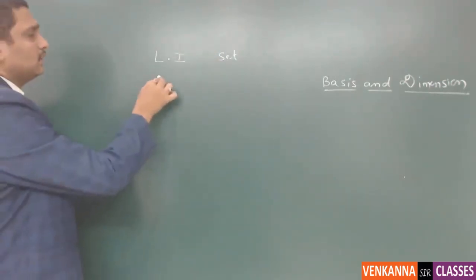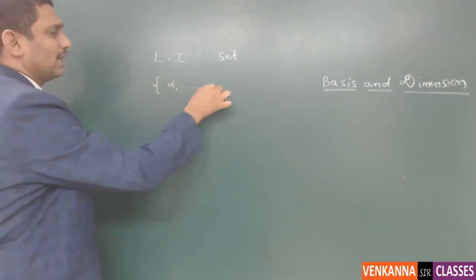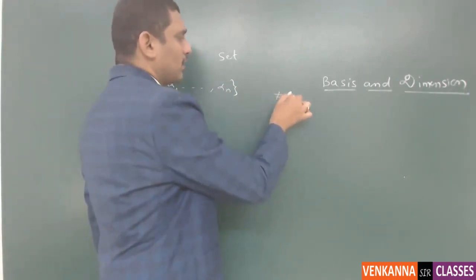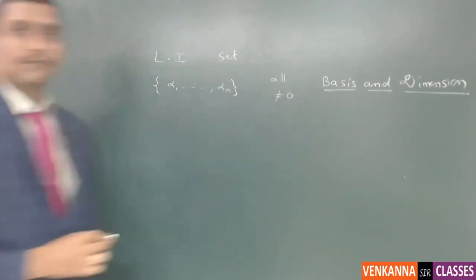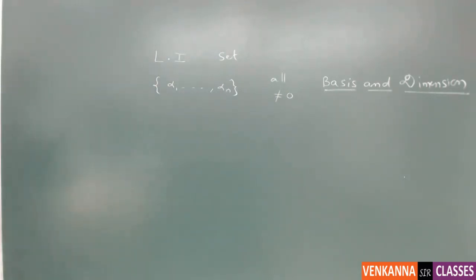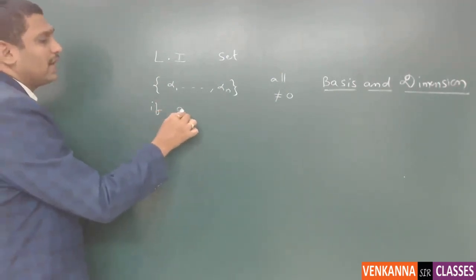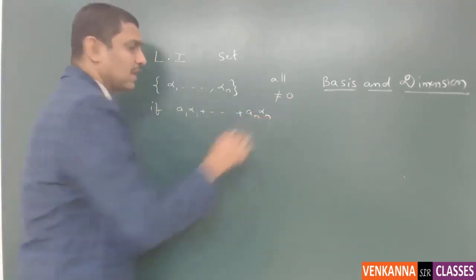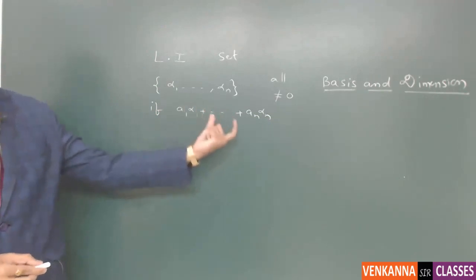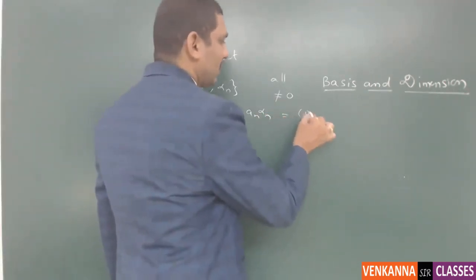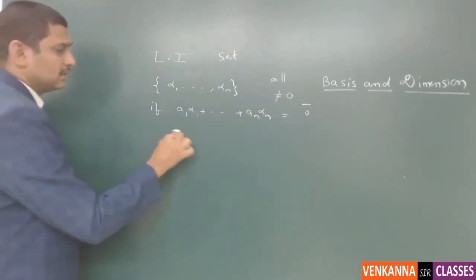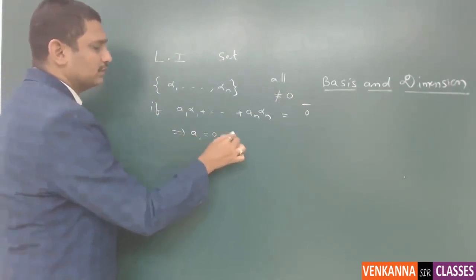Whenever we take a set of vectors, all not equal to 0, we say that the set is linearly independent if whenever you write a linear combination of the vectors such that the result of the combination is the 0 vector, then all the scalars must be equal to 0.